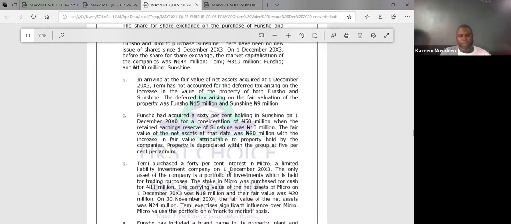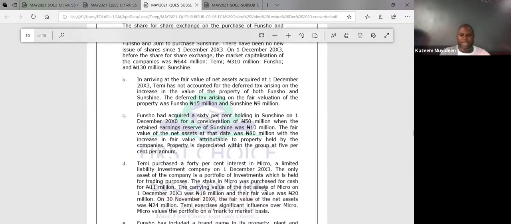He purchased 40% interest in a limited investment company. The only asset of the company is a portfolio of investment, which is held for trading purposes. They purchased it for what? 11 million.